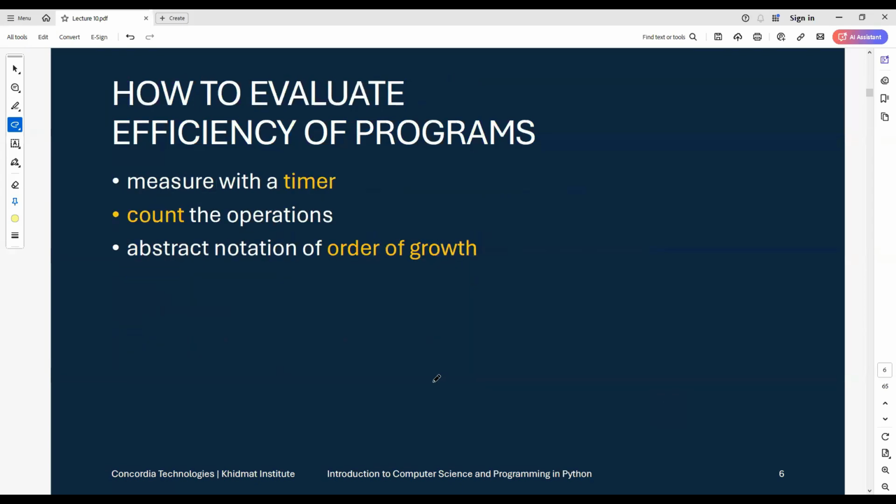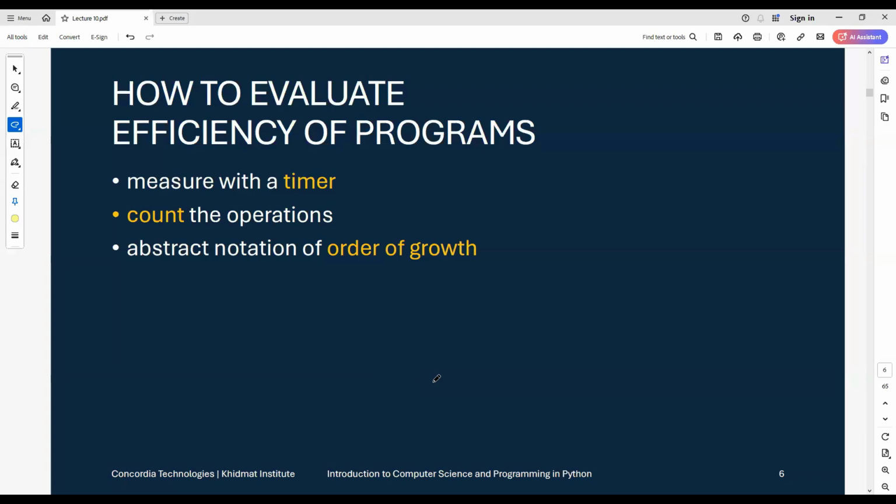So there are many different ways to compute the efficiency of a program that we write. We can simply be a little bit scientific. We can use a timer before calling a function or an algorithm, and then use the timer of the computer to get the time when it finishes running, and just see what the difference is.